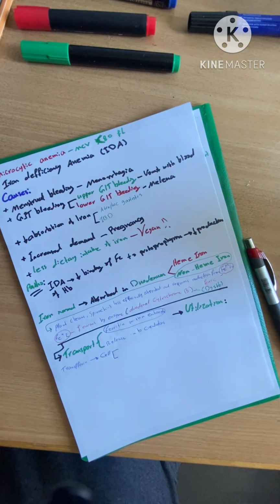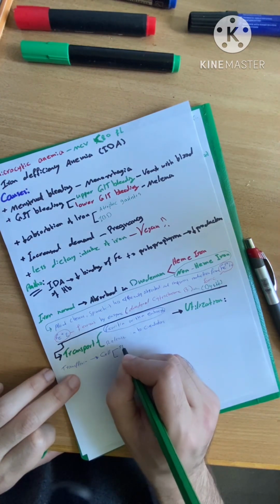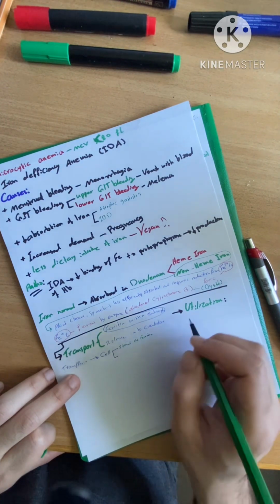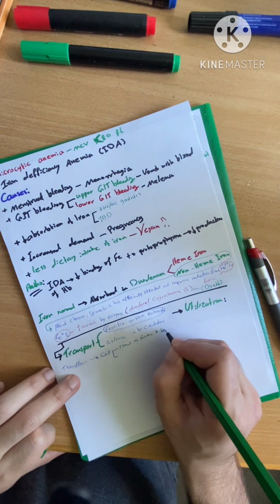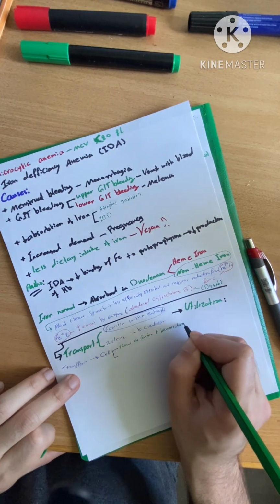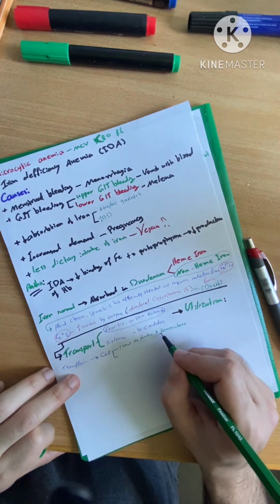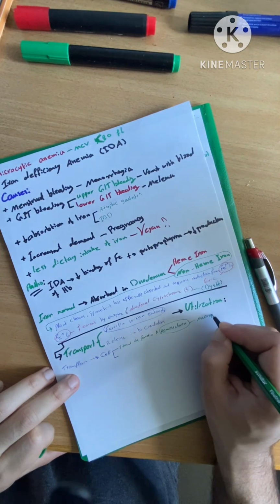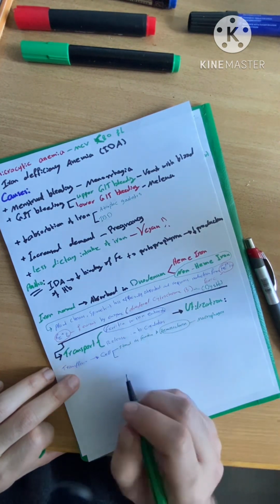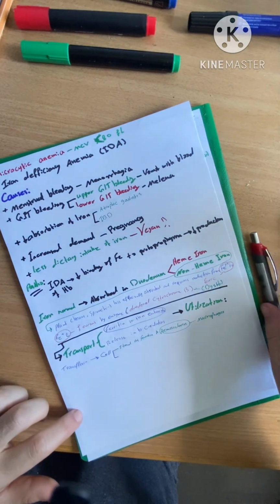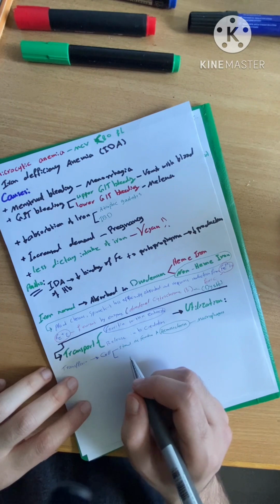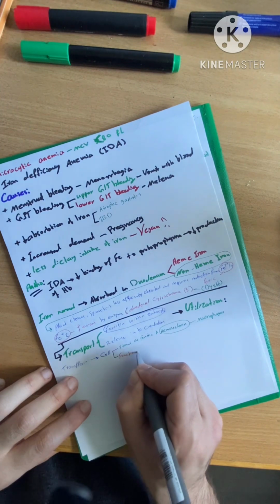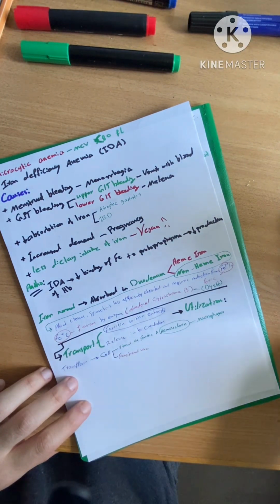It can be stored as ferritin again, and hemosiderin, which can be found in macrophages, or it can be for functional use again.